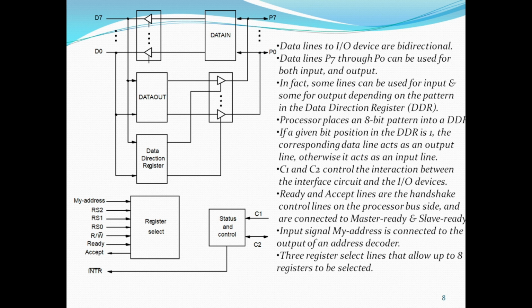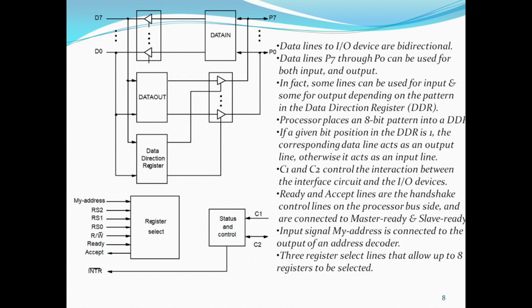Then this figure shows a general purpose parallel interface circuit that can be configured in a variety of ways. Here data lines P7 through P0 can be used for either input or output purposes.